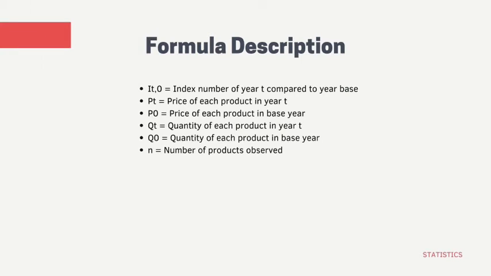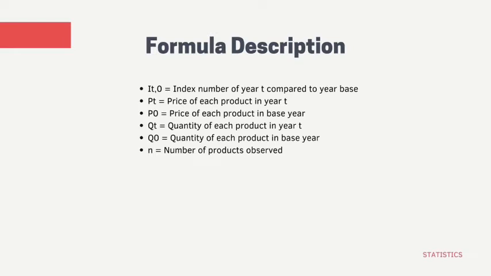The formula description. First is L sub t,0 is equal to the index number of year t compared to the base year. And the second is P sub t equals the price of each product in year t.